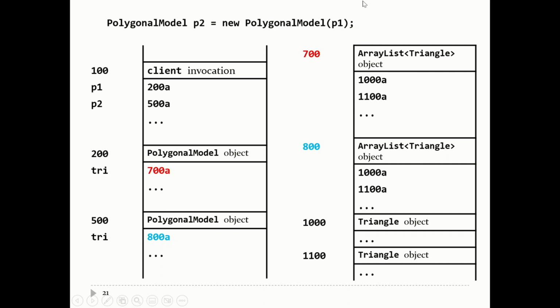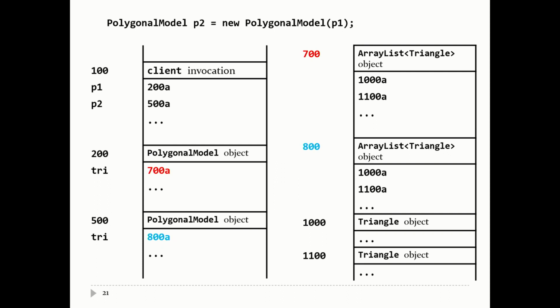In our modified copy constructor, when we copy P1 to get P2, we now make a new list. So this list is independent of the other list. However, the stuff inside the list is the exact same stuff that's inside the other list. In other words, it's still holding references to the exact same two triangles that the other model has.